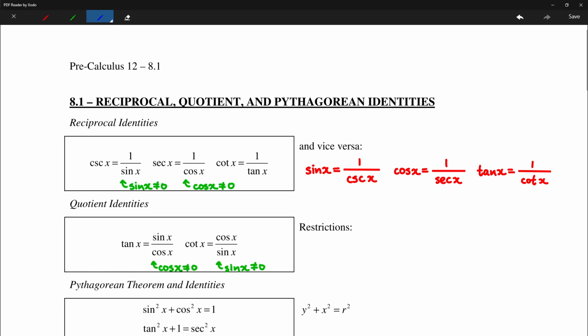Now, those restrictions can be further elaborated upon. So let's say we have cosine x cannot be 0. Of course, cosine x is equal to 0 if the angle is either pi over 2 or 3 pi over 2. So that means that x cannot be equal to pi over 2 plus pi n, where n is an integer.